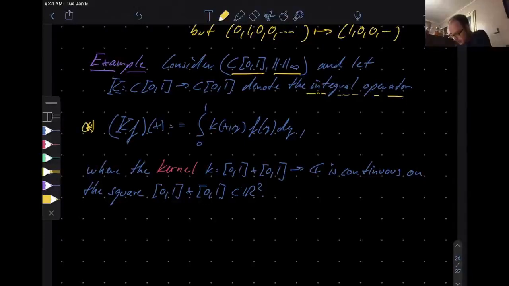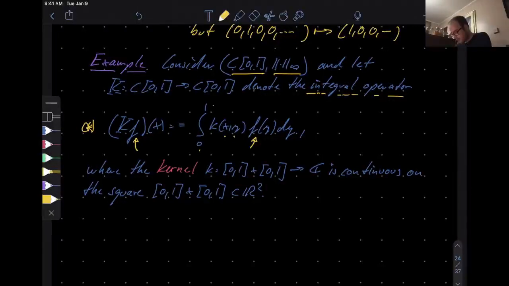So what does it do? You take a function f here, and then it integrates f against another function in 2 variables, small k, which depends on x and y. You integrate out the y variable from 0 to 1, and then whatever results is going to be a function in x. Okay? This small function, by the way, here in the integrand is called the kernel of the integral operator.